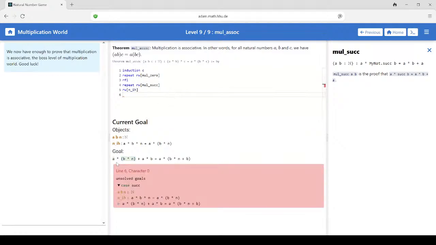We're closer. A times b times n plus a. We have plus b. What are we doing with a plus b?